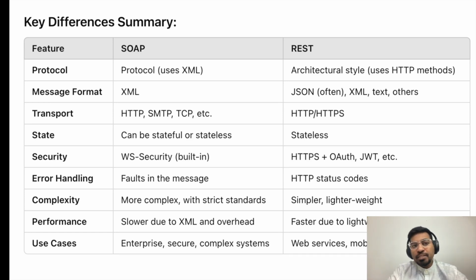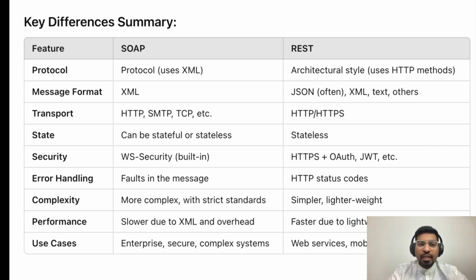So basically, protocol in SOAP uses XML, and REST uses HTTP methods. Message format in SOAP is XML, and in REST it uses JSON, XML, text, and other formats are also acceptable. If you're talking about transport, how exactly things are transported, SOAP uses HTTP, SMTP, TCP, etc. And REST only uses HTTP or HTTPS.